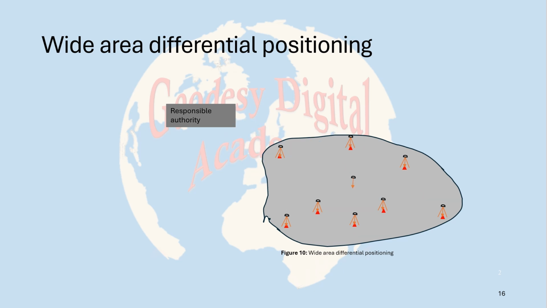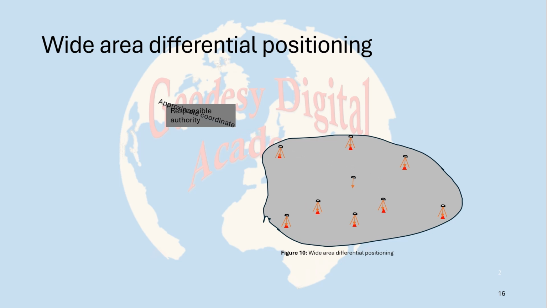For example, if I want to work at this point here, and I need a reference point here, but I don't have any reference to get corrections. So by using the code measurement, I can approximate the coordinates of this point immediately with the receiver and send them to the responsible authority.